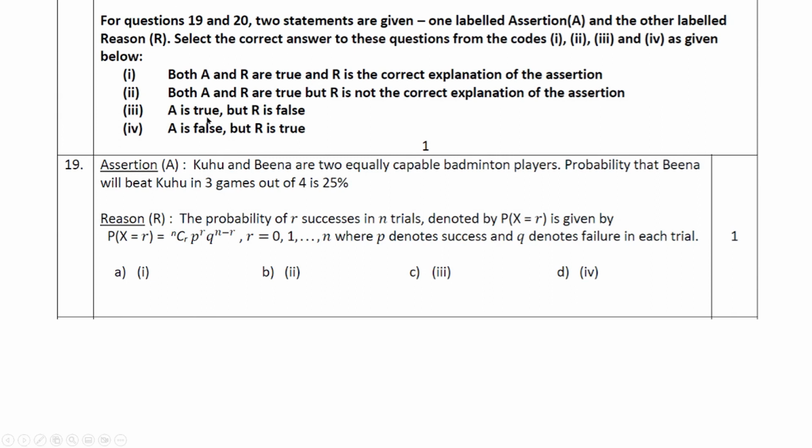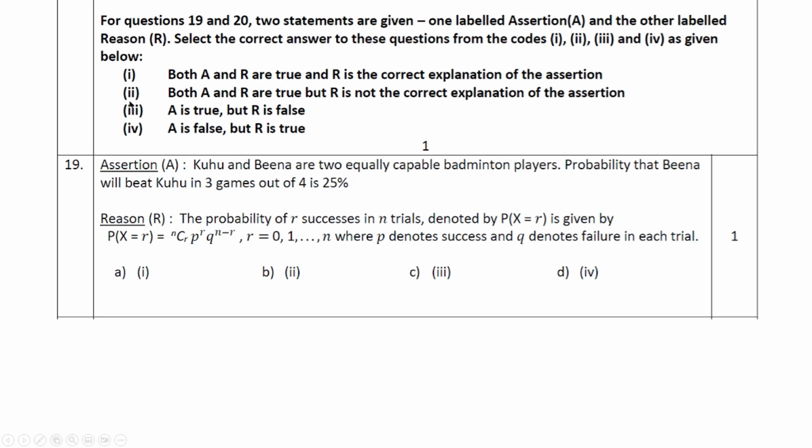And next we have the assertion reason question. It is given for questions 19 and 20. Two statements are given, one labeled assertion and the other labeled reason. Select the correct answer to these questions from the codes 1, 2, 3 and 4 as given below. The first code is both A and R are true and R is the correct explanation of the assertion.